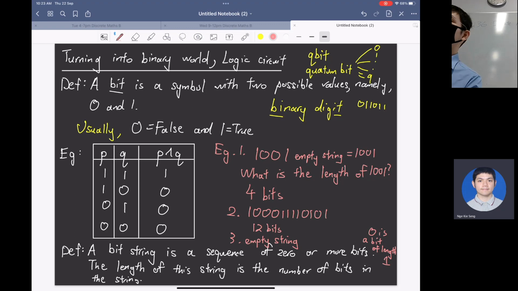So the length doesn't increase. Make sense or not? Yes. Okay.